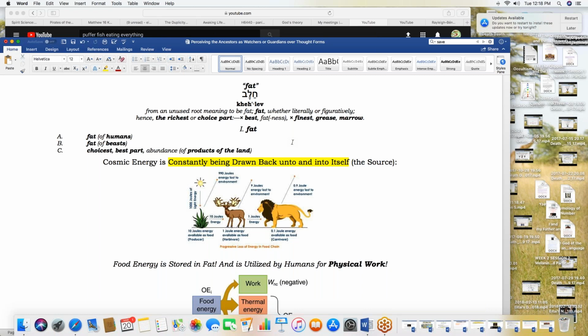Ultimately, if you ask the ancestors, they are letting us know who and what we are. We are divine beings. Ultimately, non-physical entities.